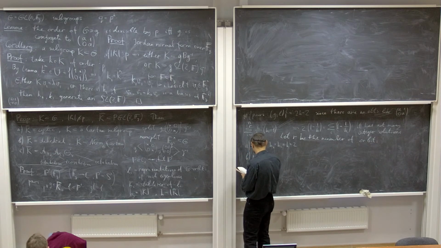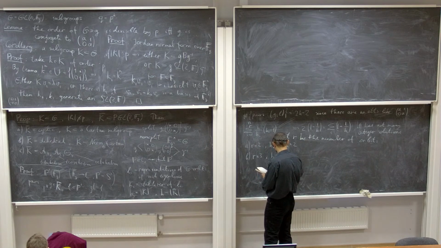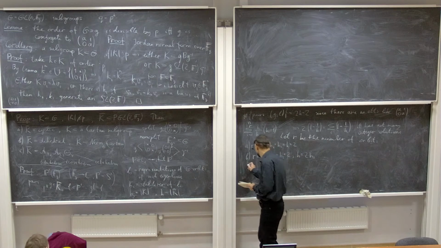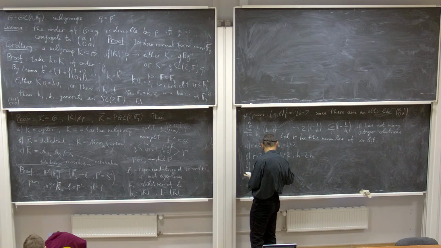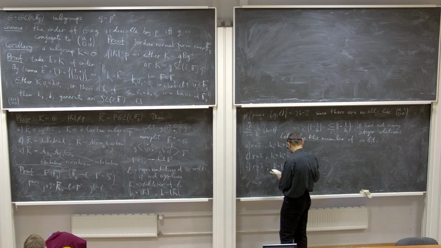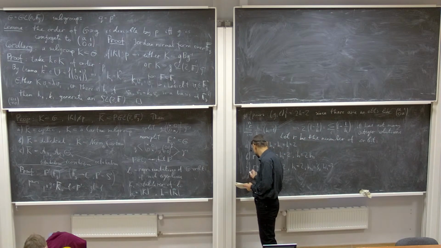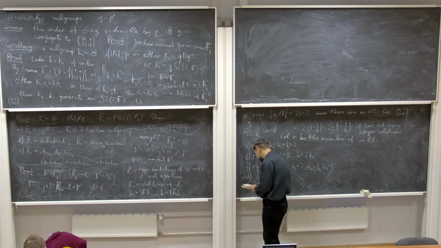Or else R equals 3, and then H1 equals H2 equals 2, and H equals 2 H3. Or else R equals 3 and H equals 12, and H1 equals 2, H2 equals 3, H3 also equals 3. So this is cyclic, dihedral, tetrahedral, now octahedral.